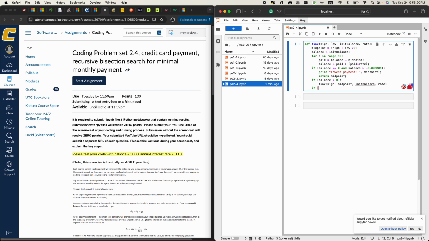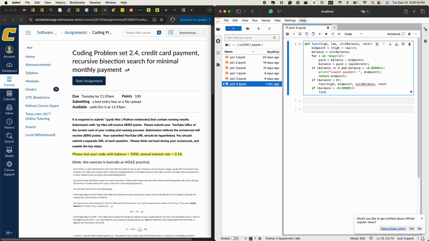On the other hand, if we pay too much, for this case, negative 0.000001, if the balance is less than that, we want to get closer to 0.